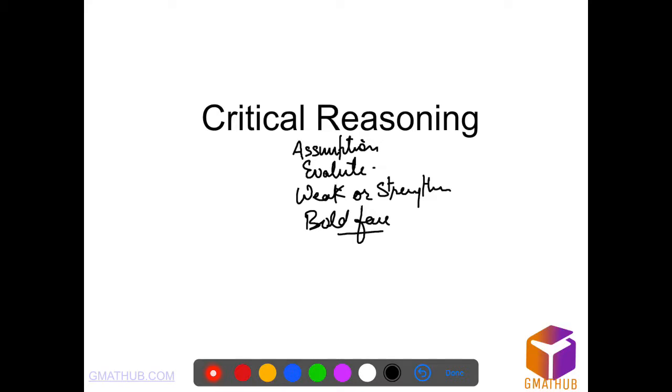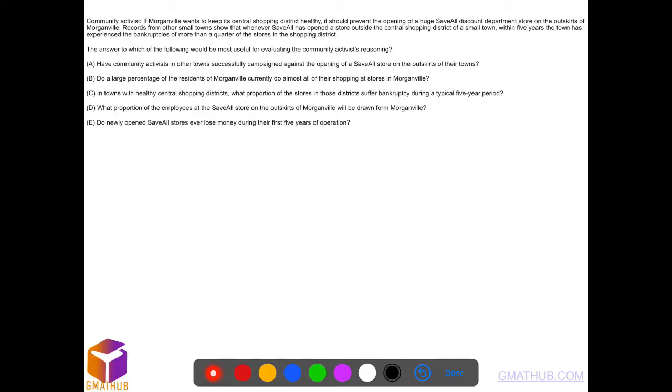So let's see some evaluate kind of questions. Mostly in evaluate kind of questions, the situation will be, there'll be some reasoning. For example, X is causing some effect. And based upon that reasoning, a decision has to be taken. Now if you see the question here, the answer to which of the following would be most useful for evaluating the reasoning.